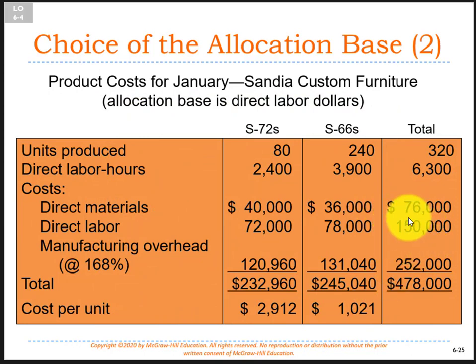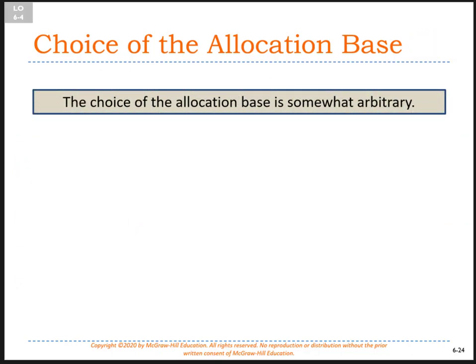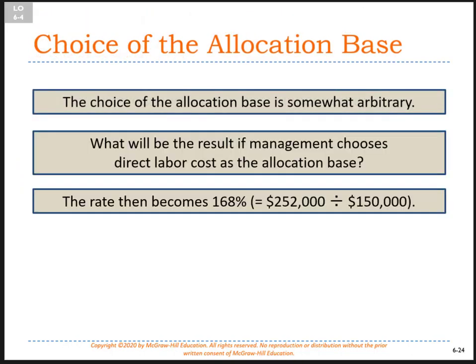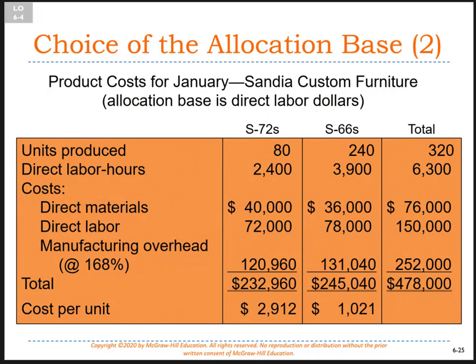The total direct labor cost is 150,000. So the direct manufacturing overhead is 168% of the direct labor cost, or 1.68 times that. Add it up and you see that you get a different cost per unit, but not substantially different. Okay? Because you're still using a measure of direct labor.